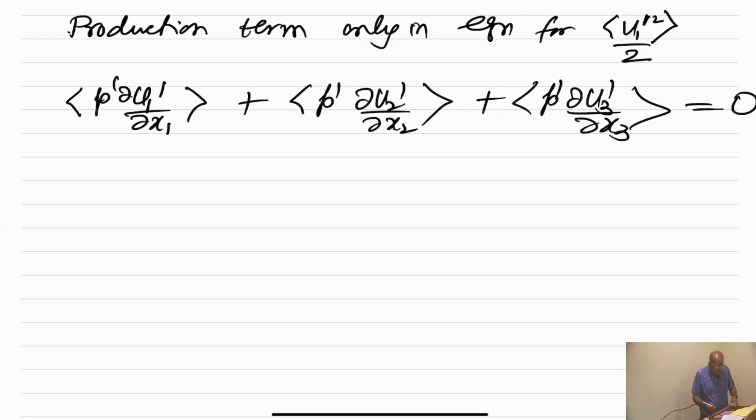So there is no production term component.